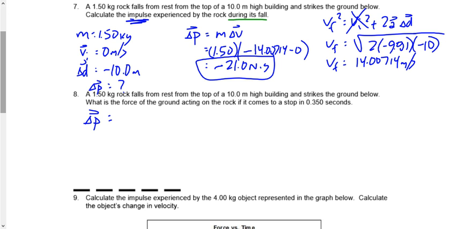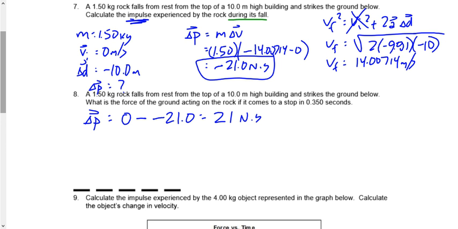Positive 21, because it had negative 21 when it struck, then it had 0 after it stopped, and 0 minus negative 21.0 equals 21. Does that make sense?